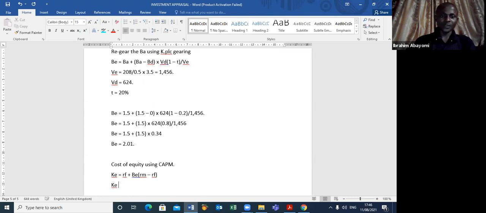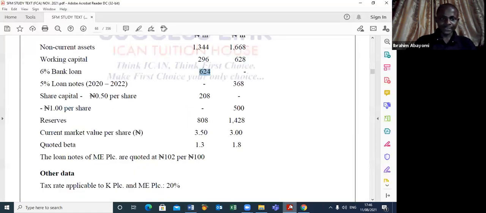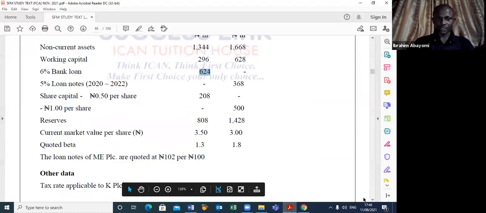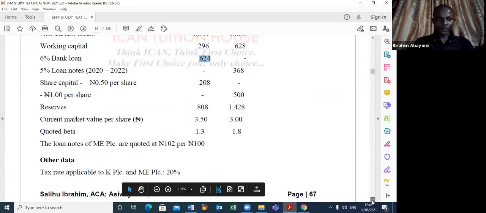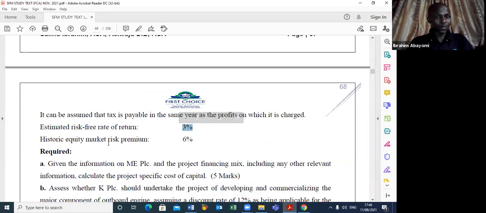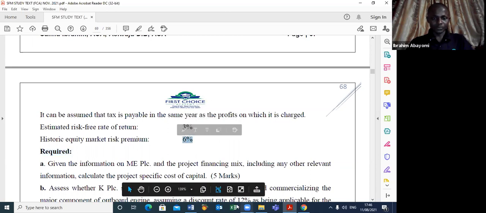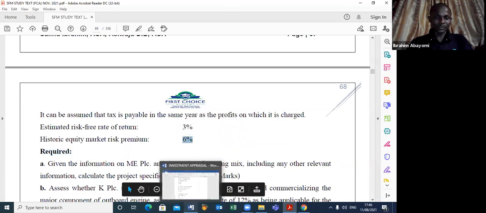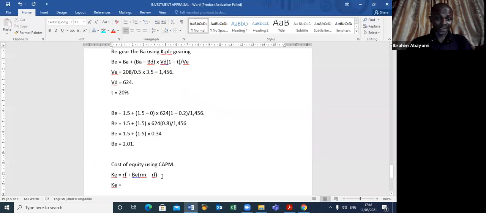What's our risk-free rate? The risk-free rate of return is 3%. Now look at what the question gives you. Risk premium. Because it is premium, it means you just use it like that, you don't deduct again.